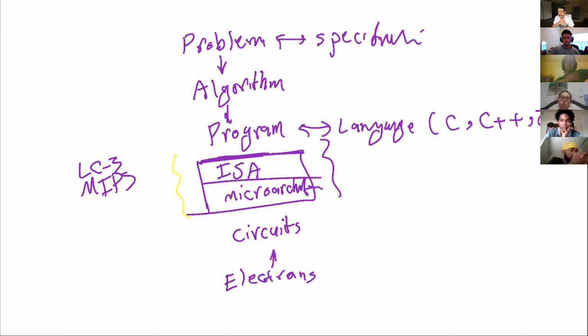But MIPS, there are so many MIPS CPUs out there, billions of devices are powered by MIPS CPUs. So it's everywhere, similar to x86 type CPUs, the Intel CPU that you have at home, or ARM CPUs, which we all have in our mobile devices.